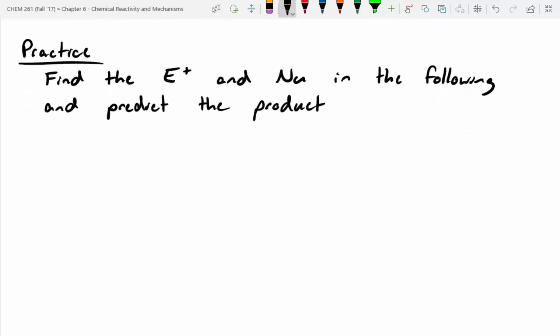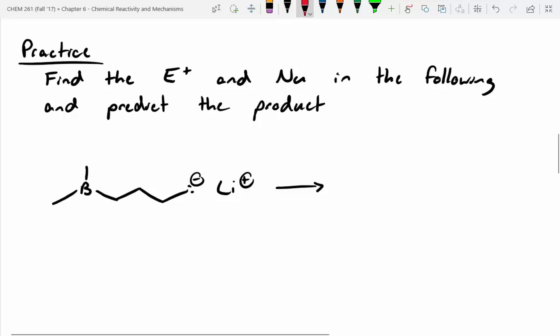All right, so what I've got here is a boron. And over here I've got a carbon with a negative charge, and the countercation is lithium. So what do you think the nucleophilic atom is going to be? Carbon with the negative charge. Okay. So let's label that.